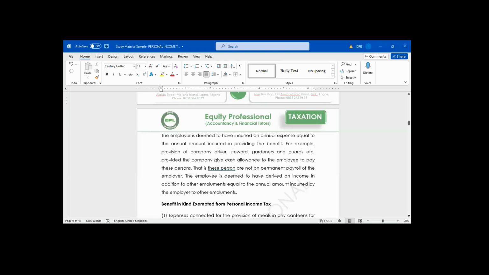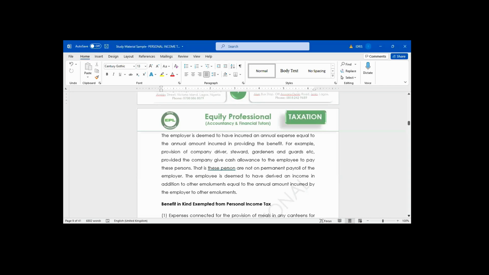Unless those domestic staff are permanent employees of the company. Take for instance, if the driver driving you is also an employee of the company, the salary of the driver cannot be added to your own income as benefit in kind.